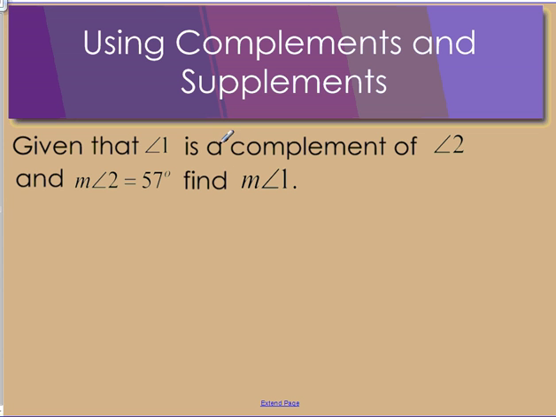Well, we just learned that a complement means that these two angles equal 90 degrees. I know that the measurement of angle 2 is 57 degrees, but I do not know the measurement of angle 1, or x.